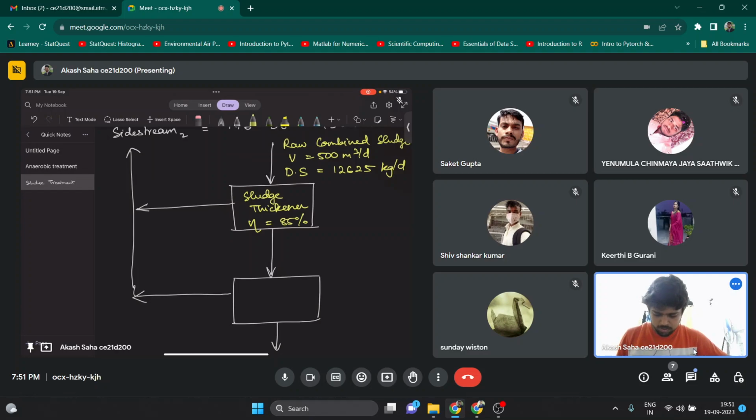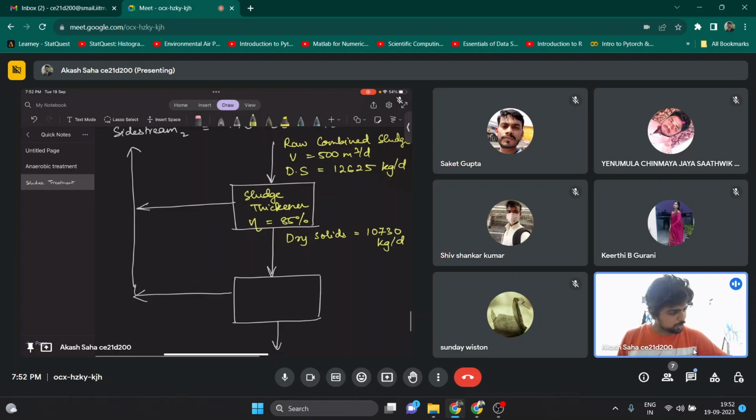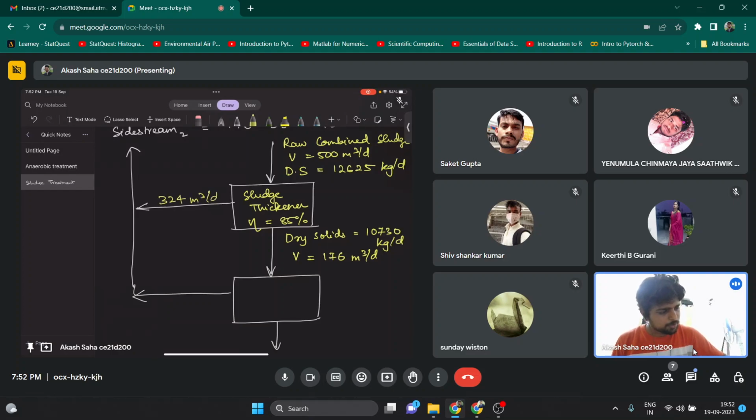Now the dry solids coming out of this system will be around 10,730 because 85% is getting captured, and the volume will reduce. The sludge volume will definitely reduce. It will be 176 meter cube per day, and the difference between the 500 and 176 will come out as side stream, that is 324 meter cube. So you understand what the side stream is and what the other stream is. This is carrying the solids, which is 176, and the other thing is the side stream, which is coming as water.